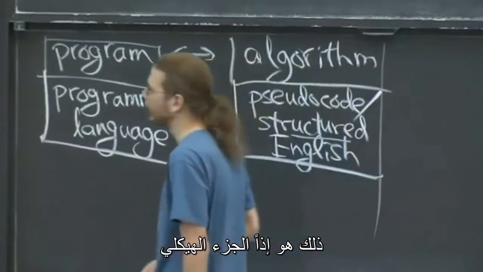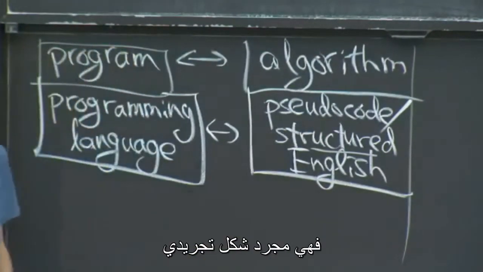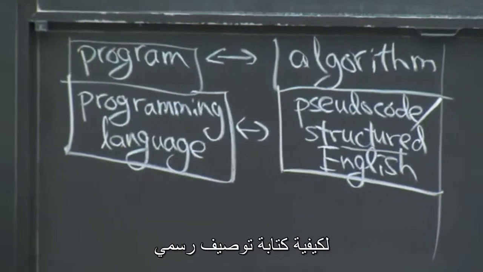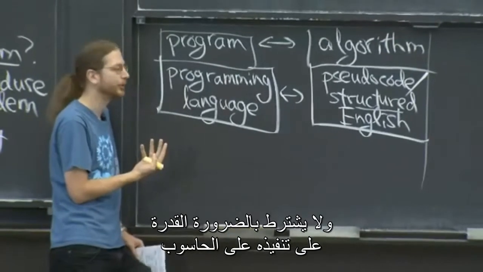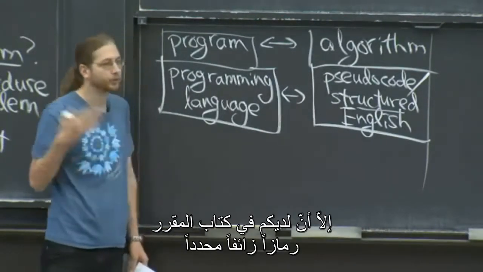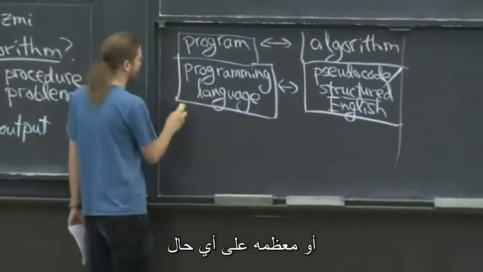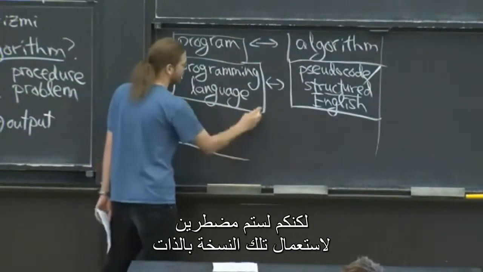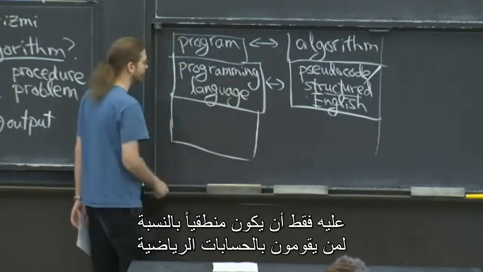So that's the structured part. Pseudocode means lots of different things. It's just an abstract way of writing down a formal specification without necessarily being able to actually run it on a computer. There's a particular pseudocode in your textbook which you probably could run on a computer, a lot of it anyway, but you don't have to use that version. It just needs to make sense to humans who do the mathematics.